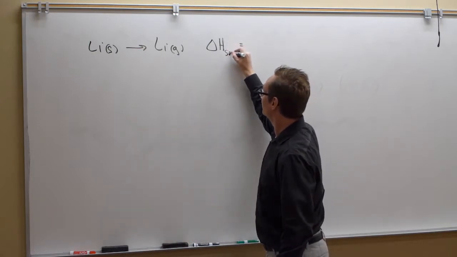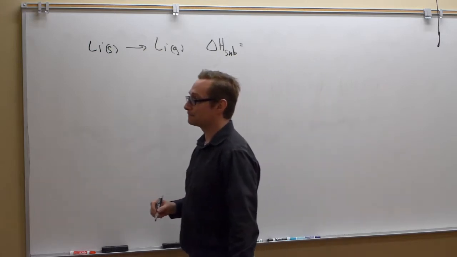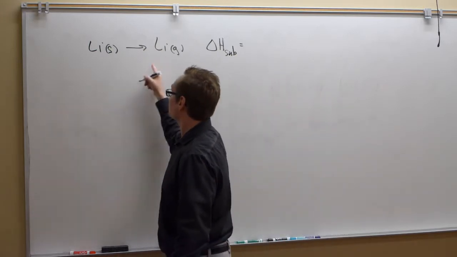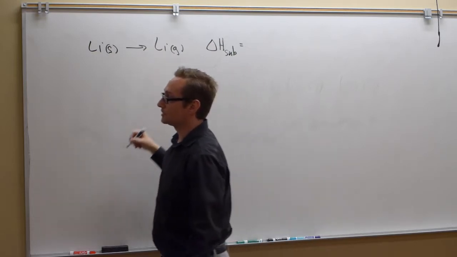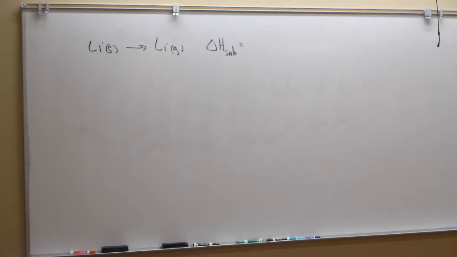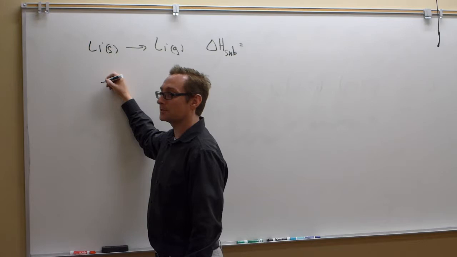So delta H sub. All right, and then what else has to happen to lithium? What had to happen with magnesium? It had to be ionized, right? So how do we write the ionization for lithium?